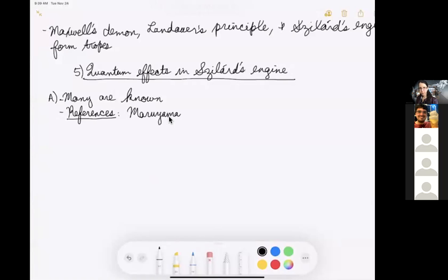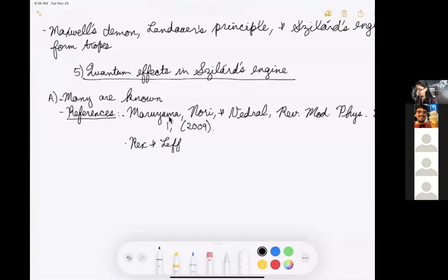This is the review. It's from 2009. And also there have been two books by Rex and Leff called Maxwell's Demon and Maxwell's Demon 2.